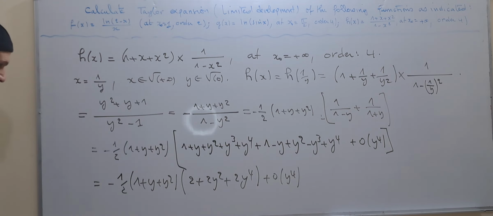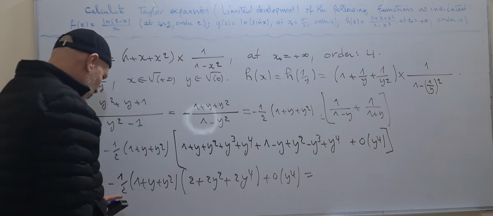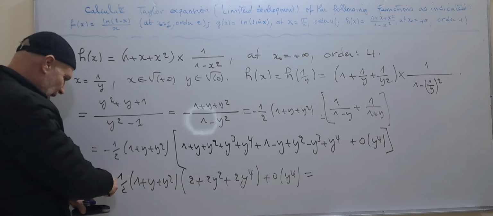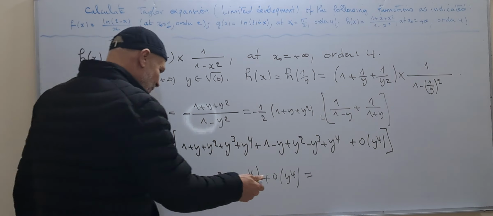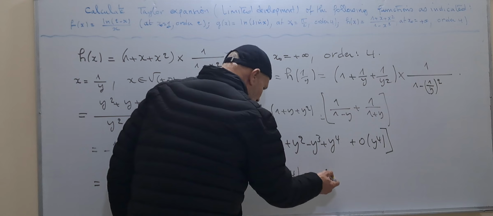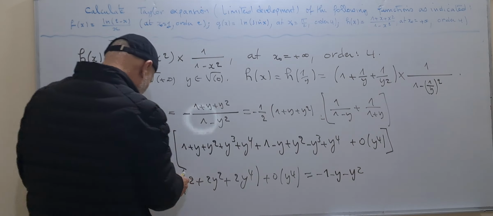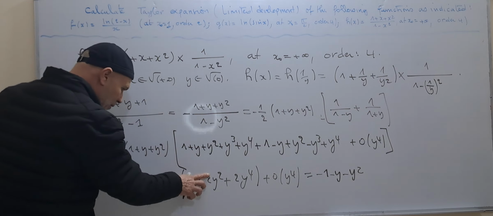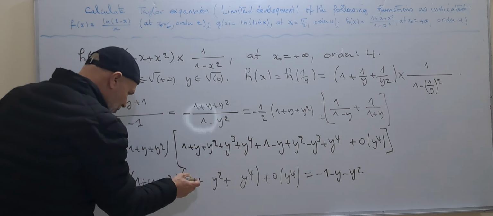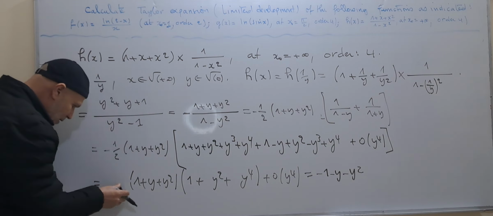Here we can make the product. This is equal to, for 2, so we have minus all this times 2, so it will be minus 1 minus y squared for the first, this one. We can take here and we leave just 1, and here this will be equal to minus.